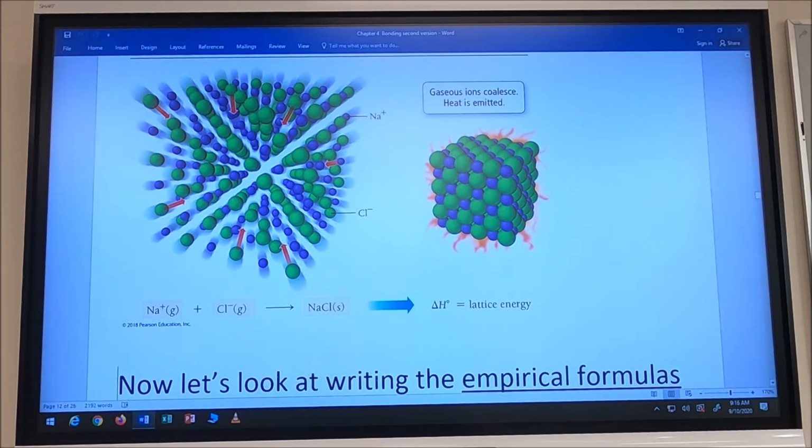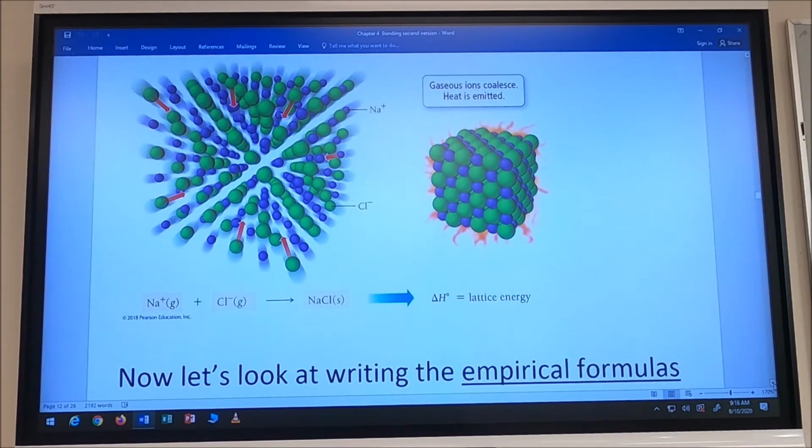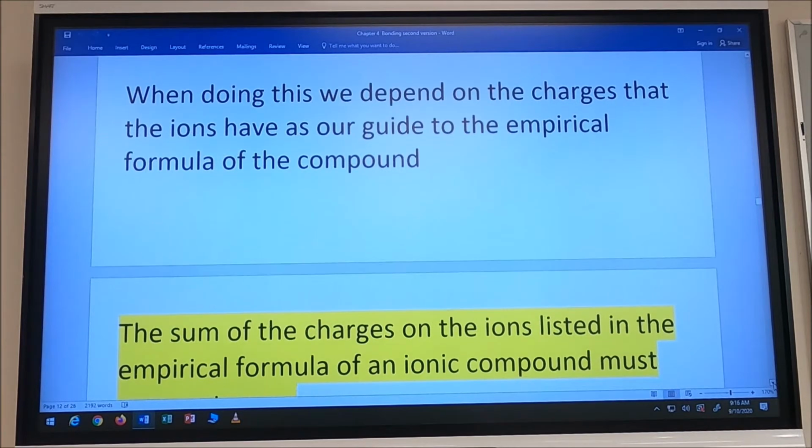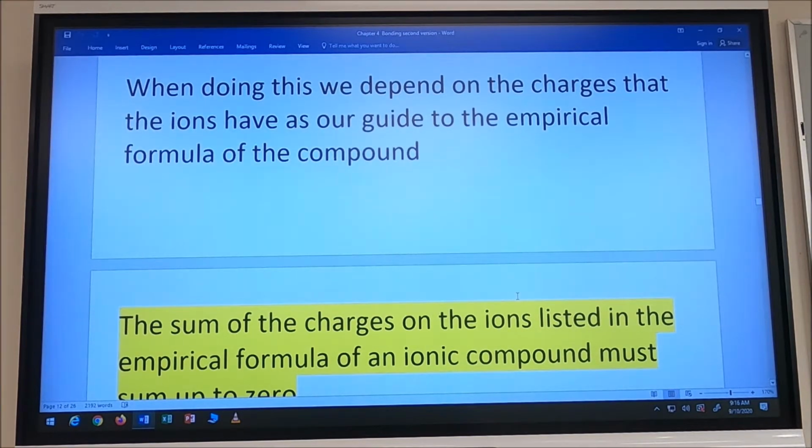Now, when we're looking at getting the empirical formula for an ionic compound, the formula is going to depend on the charge of the ions formed. The sum of the charges of the ions listed in the empirical formula of an ionic compound must add up to be 0.